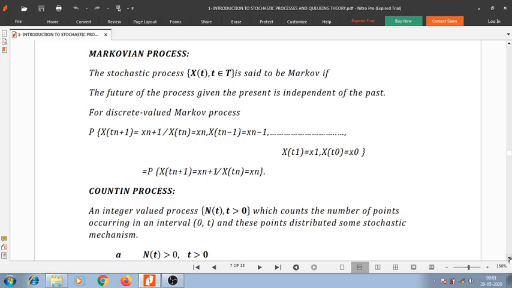Now, I would like to introduce two more important processes, that is called the Markovian process and the counting process. What is a Markovian process? Students, listen here. Before introducing the Markovian process, I will give you one example.